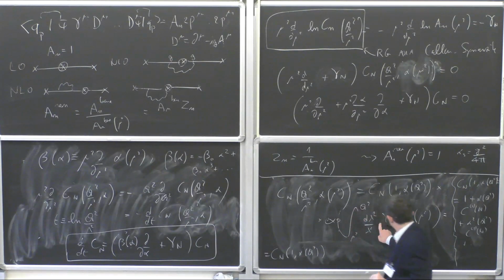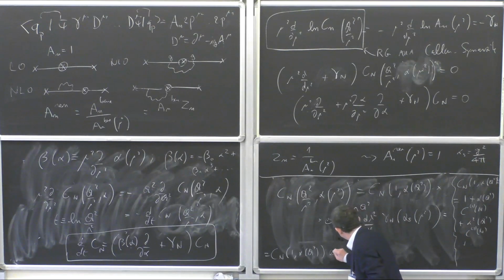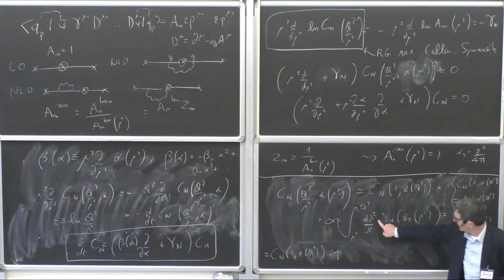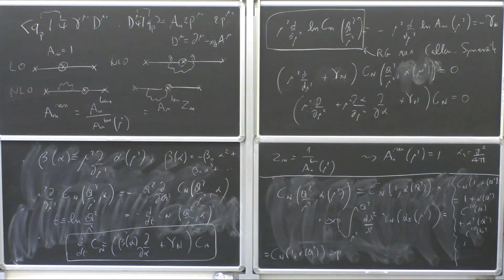Then I want to do this integral here, which I can do in the following way. I change integration variable from lambda to alpha. So I write this as an integral d alpha over beta of alpha, from alpha of mu square to alpha of q square, gamma n of alpha. What did I do here?